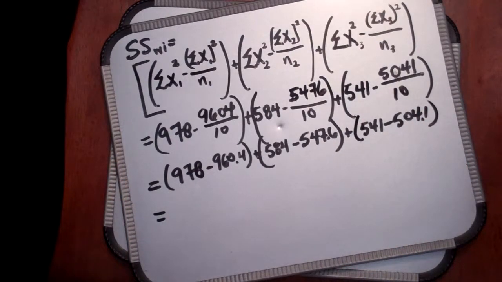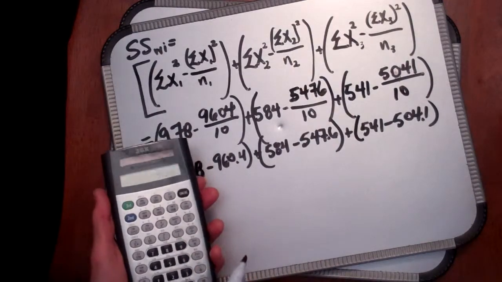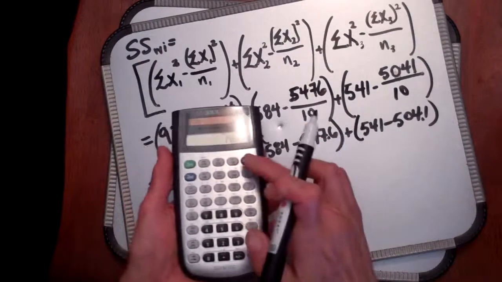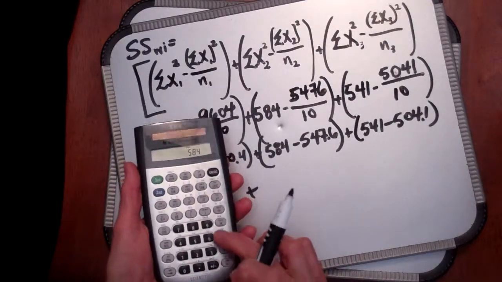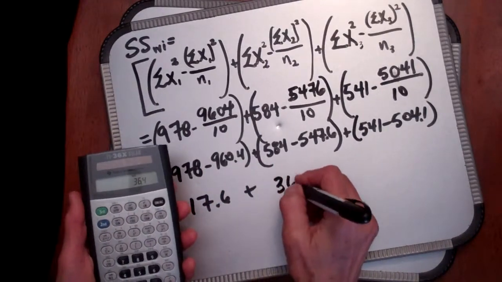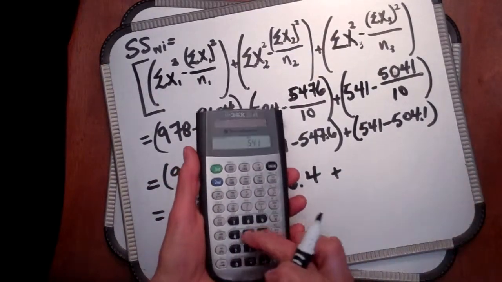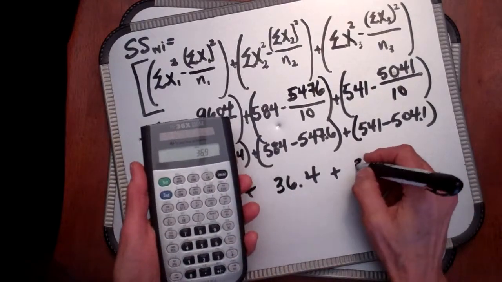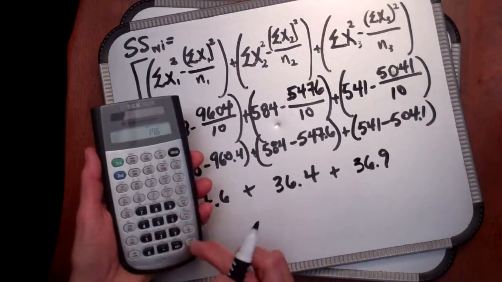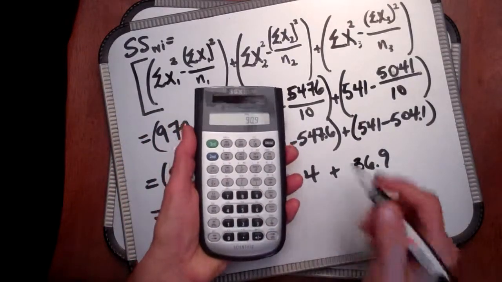All right, and if you calculate that through, let's just do that together: 978 minus 960.4 equals 17.6, plus 584 minus 547.6 equals 36.4, plus 541 minus 504.1 equals 36.9. And if you just total together those values, you get 90.9.